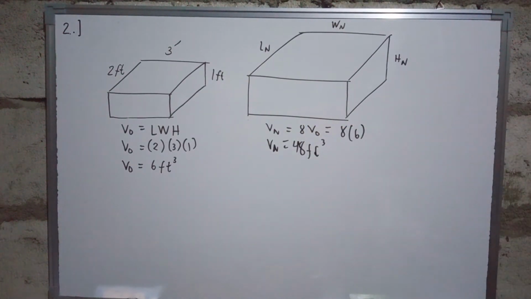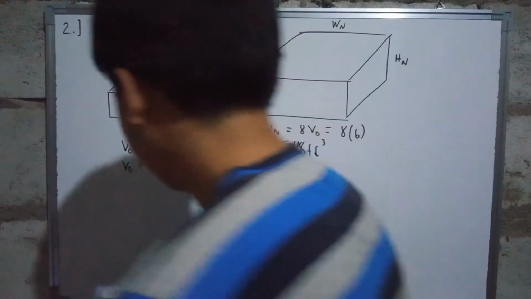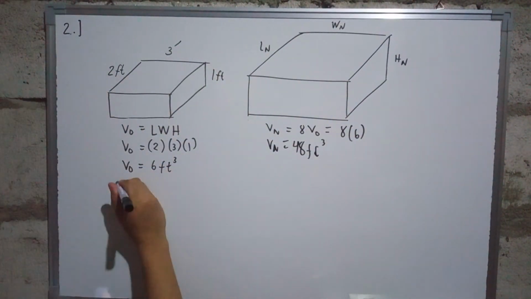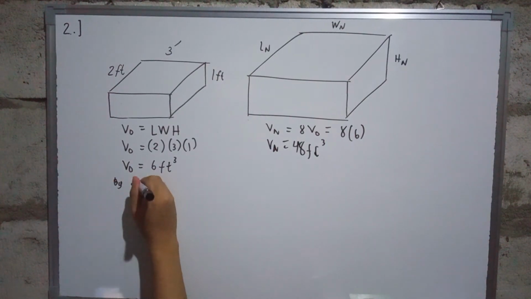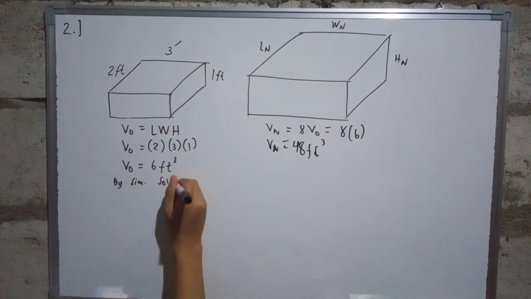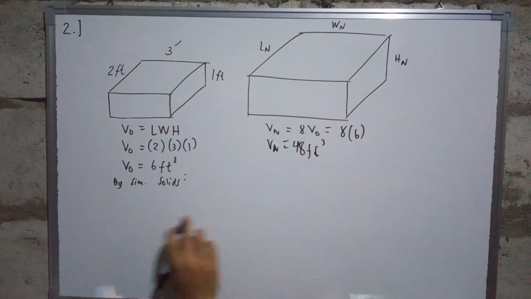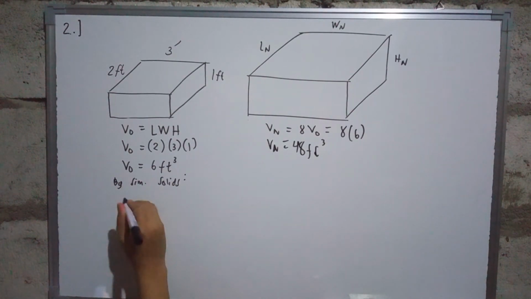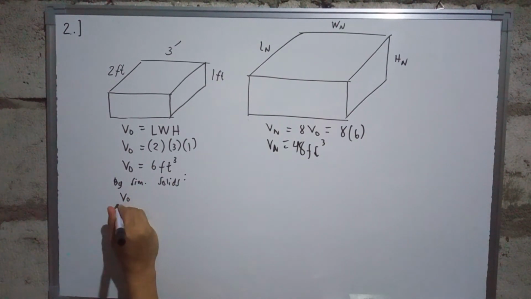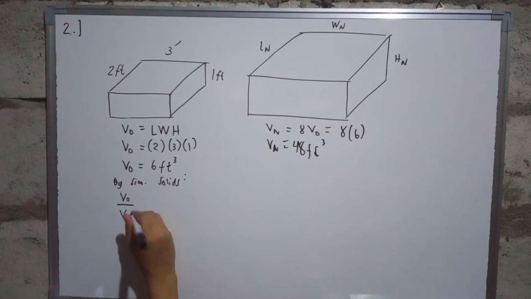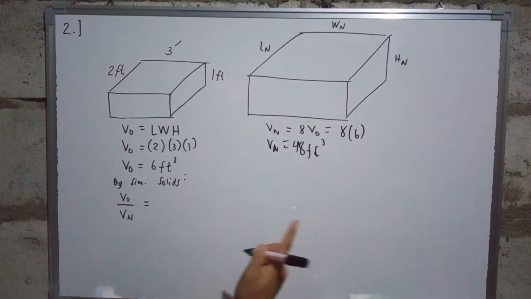So, yung hinahanap natin, yung dimension ng bagong packing box natin. So, i-apply lang natin yung principle ng similar solids. By similar solids, so mangyayari, sabihin natin na mauuna yung original natin. Volume original all over volume new is equals dun sa mga dimensions natin.